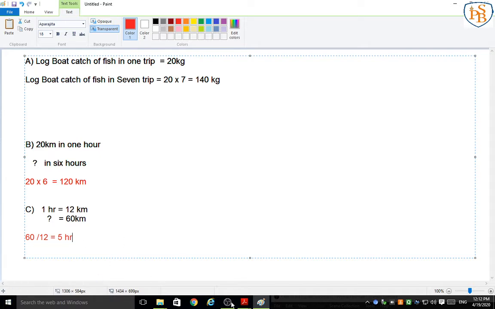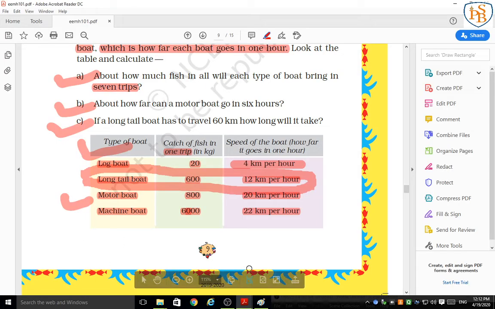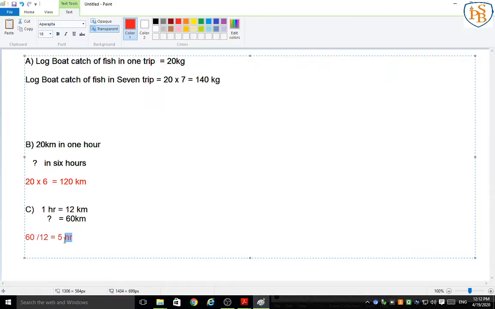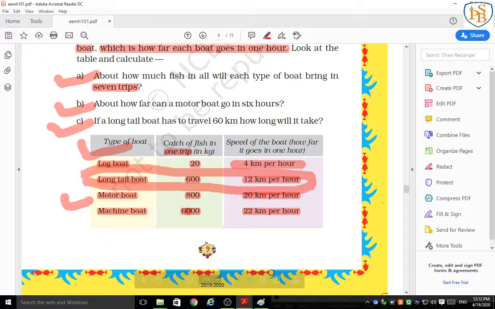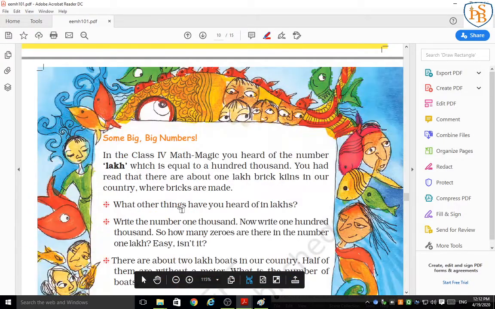Our question was the long tail boat has to travel 60 kilometer, and the answer is within 5 hours. Students, everyone understood how to solve? Let's go on to the next point.